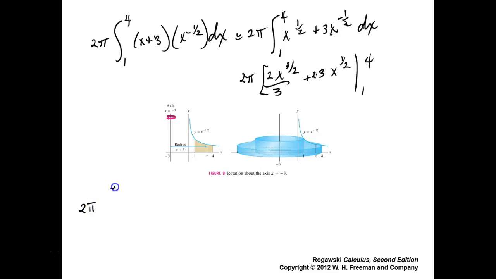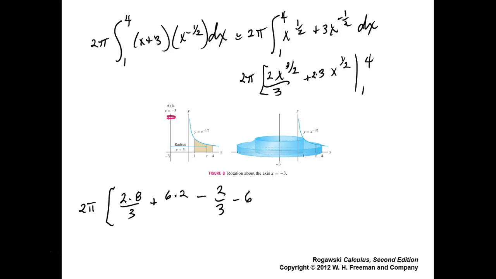2 pi times, when you put a 4 in there, you got 2 times, I like to take the square root first if I can, so the square root of 4 is 2. 2 raised to the 3rd power is 8. So it'd be 8/3 plus, and that's a 6, and square root of 4 is 2. Minus, put the same thing in but with 1, that's going to be 2/3 minus 6.